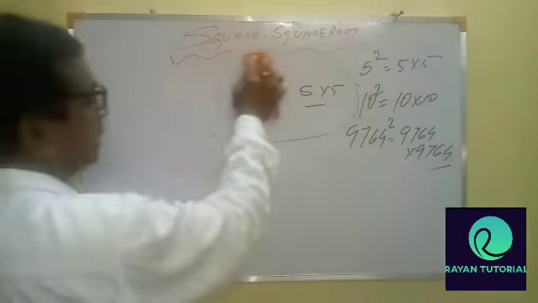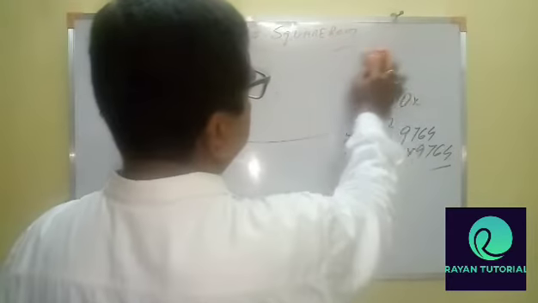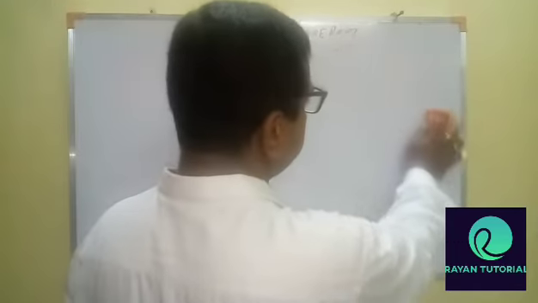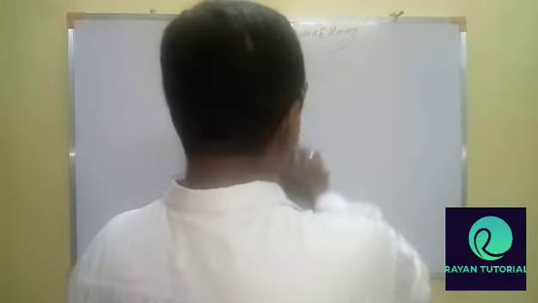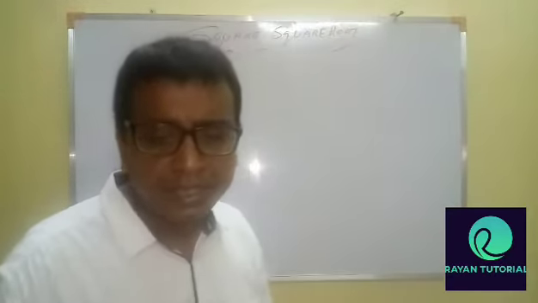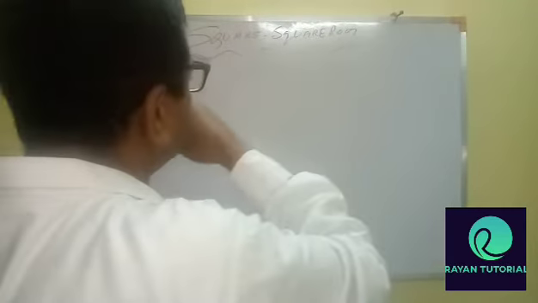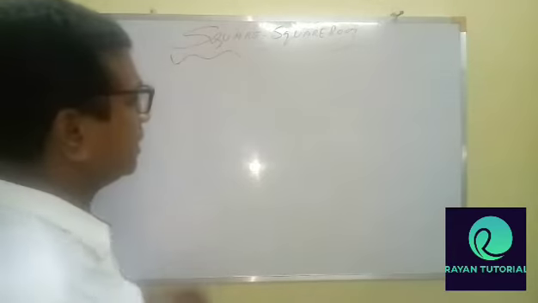Okay, but there are a lot of ifs and buts in this square. Don't get scared, very easy. Just observe, see. Let me write down some square numbers.